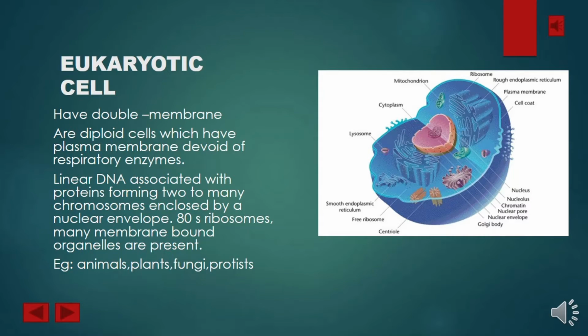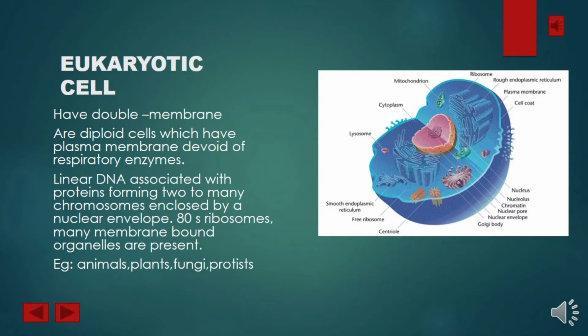Now coming to eukaryotic cells, they have a double membrane and are diploid cells which have a plasma membrane devoid of any respiratory enzymes. They have linear DNA associated with proteins, forming two to many chromosomes enclosed by a nuclear envelope. So there is the difference coming.